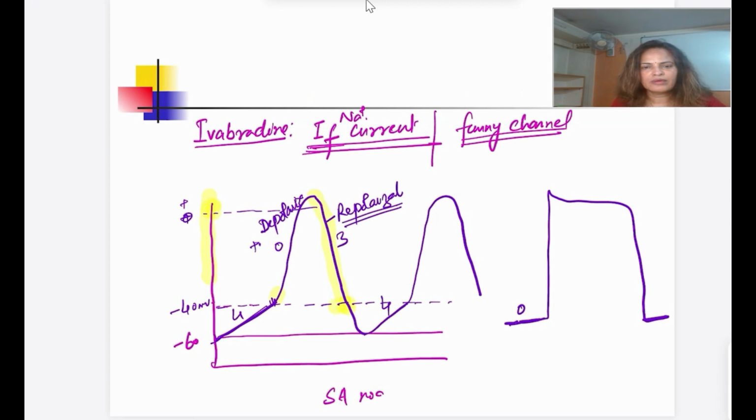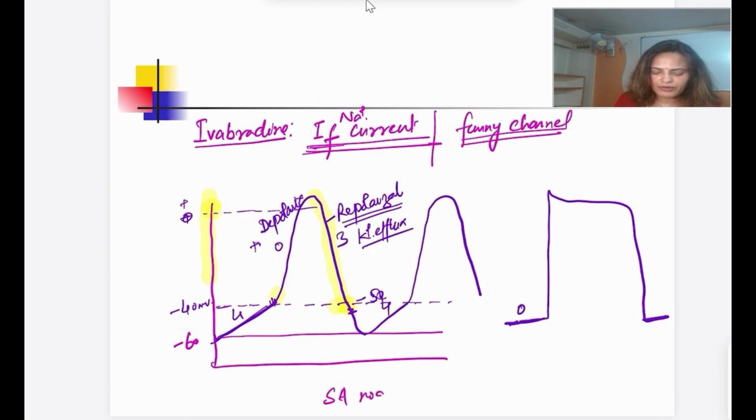Till here. But once it comes near -50, then what will happen? This repolarization moves towards the minus, then the cell is going to lose the positive ion. Here what is it losing? It is losing the potassium ion. So there is a potassium efflux in this one.